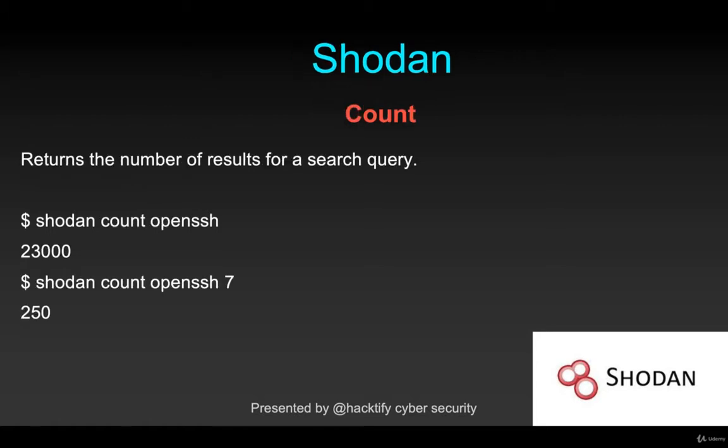The next command is to count the number of results that we are going to get from the Shodan search query. The command is shodan count OpenSSH. OpenSSH is the type of software which I am searching for. You can search anything instead of OpenSSH.